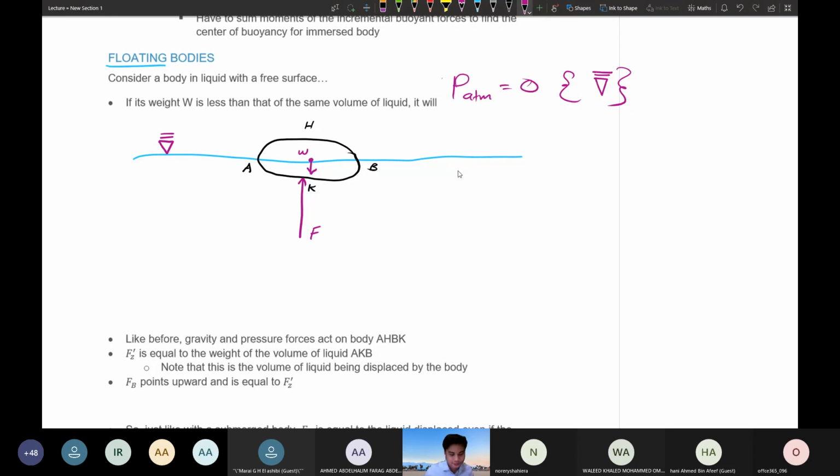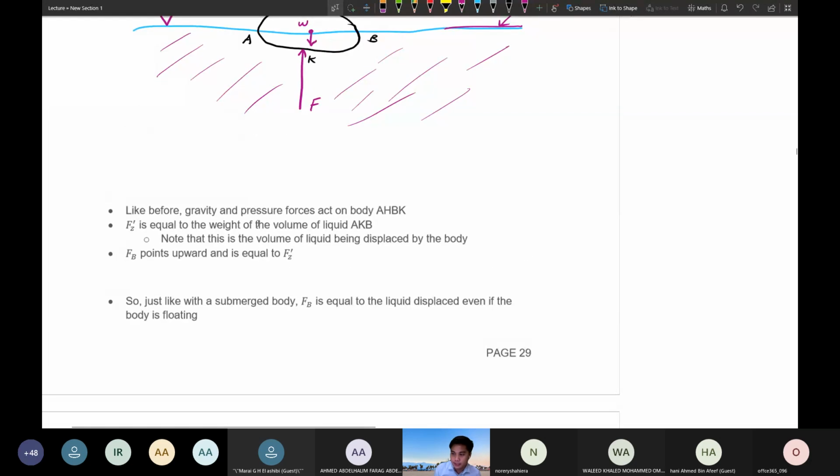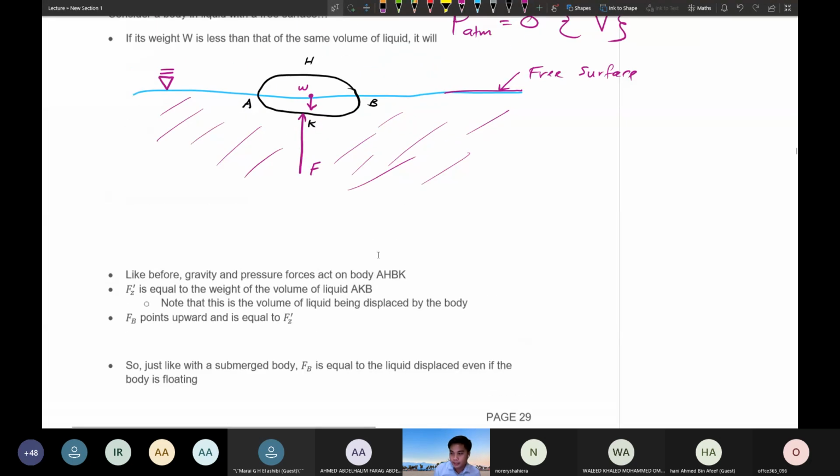So we have the fluid. From here, this is the floating body. This line we call the free surface. You must understand the definition. Like before, gravity and pressure force act on the body.